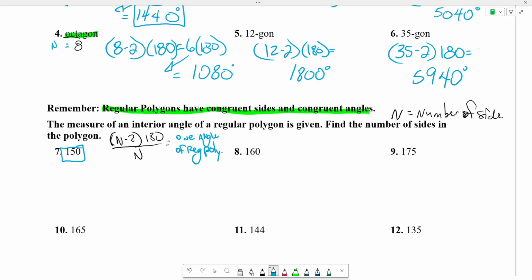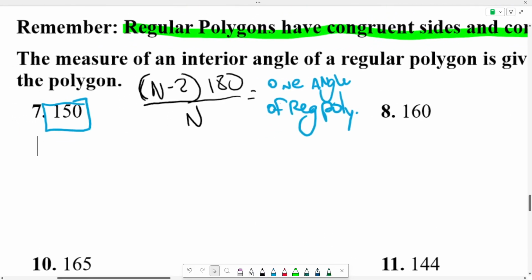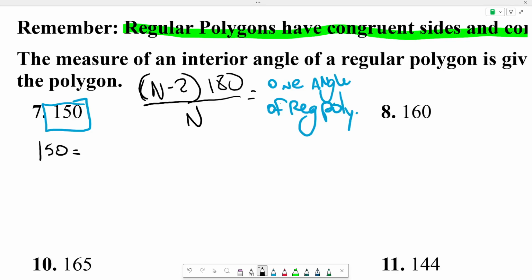So I'm going to plug it into the formula here. So I'm going to have 150 would be equal to n minus 2 times 180 divided by n. I'm going to multiply both sides by n now. Multiply this side by n.